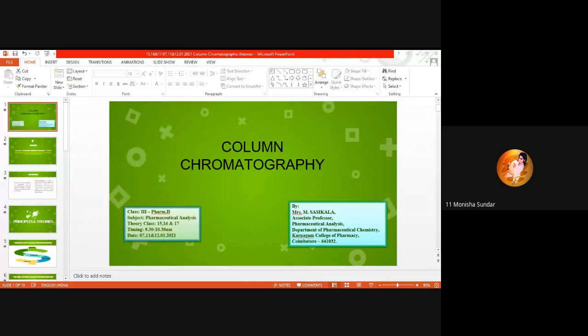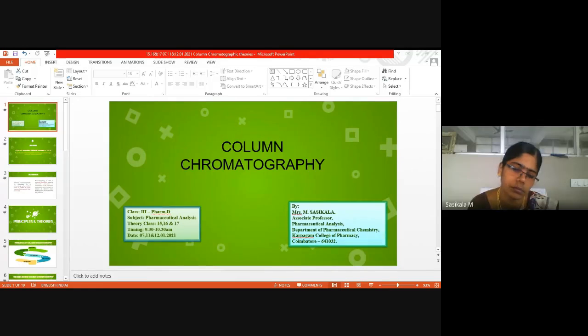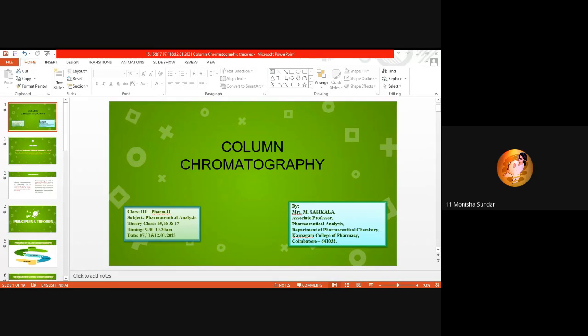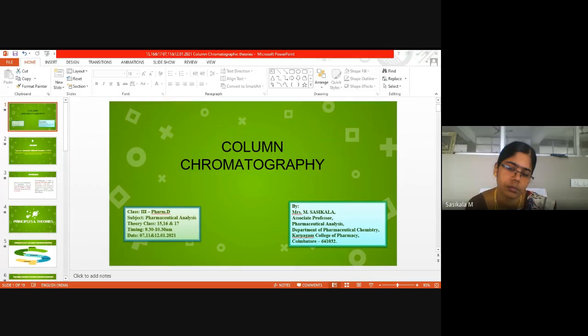Ideal time is 2 to 8 minutes. Retention volume means the volume of mobile phase required to elute a particular solute from the column. Migration time is the time taken for the mobile phase to pass through the column. Okay, good. Thank you, Monisha and Rafiq.